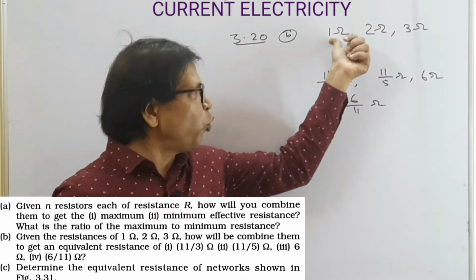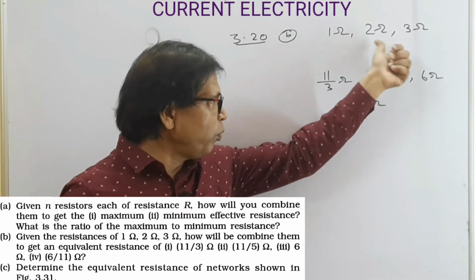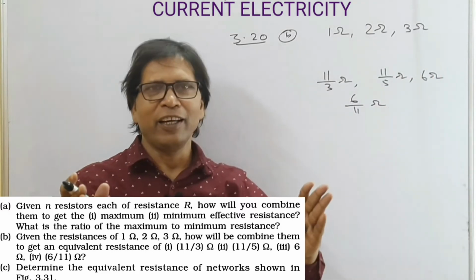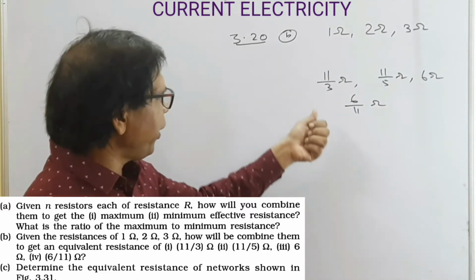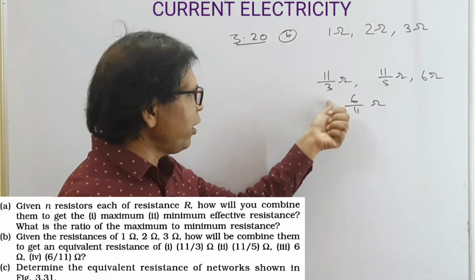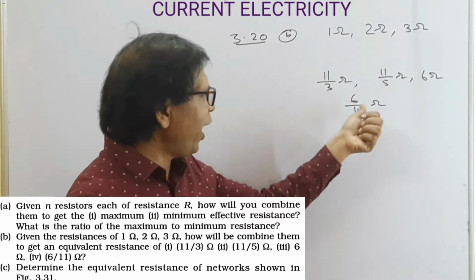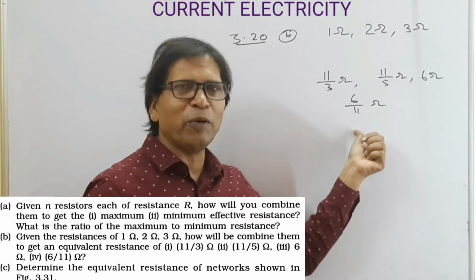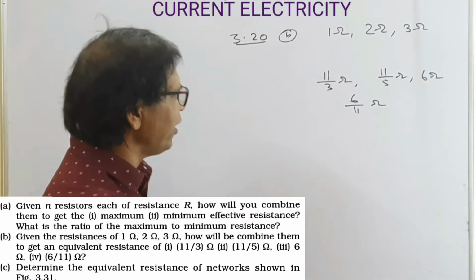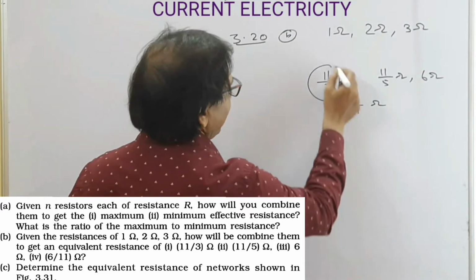Now look at this. The resistances 1 ohm, 2 ohm and 3 ohm are given. How to combine them to get 11 by 3, 11 by 5, 6 ohm and 6 by 11 ohm. First of all, 11 by 3.